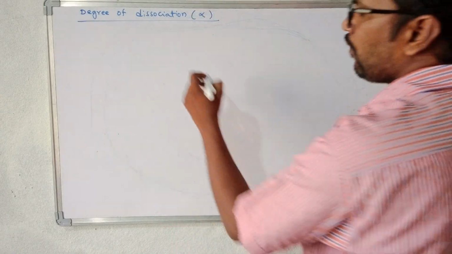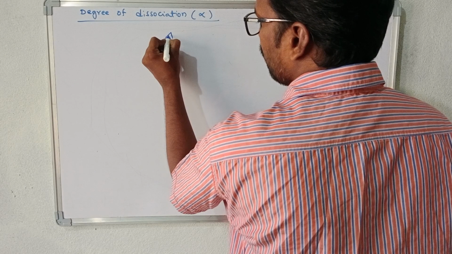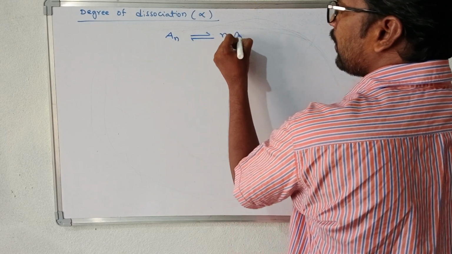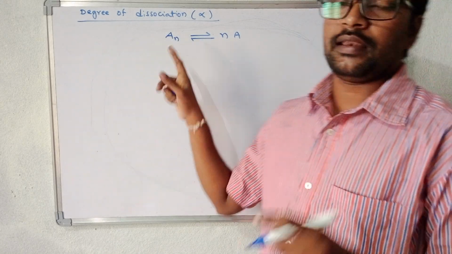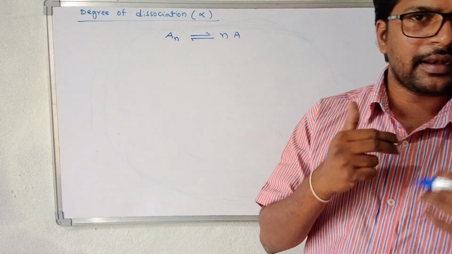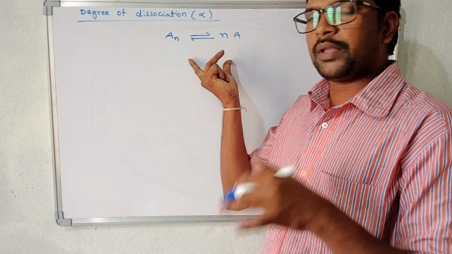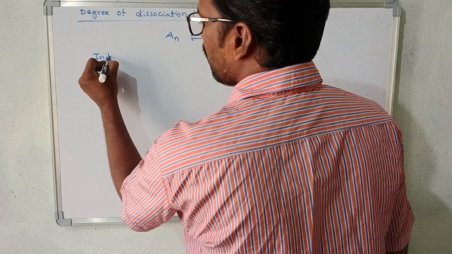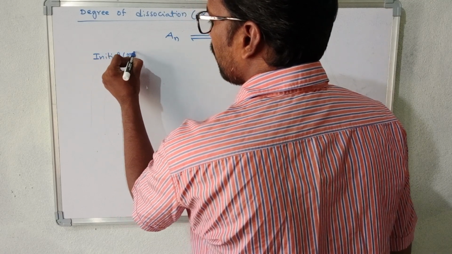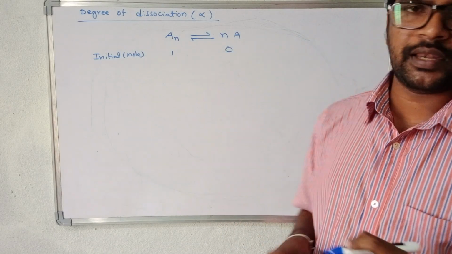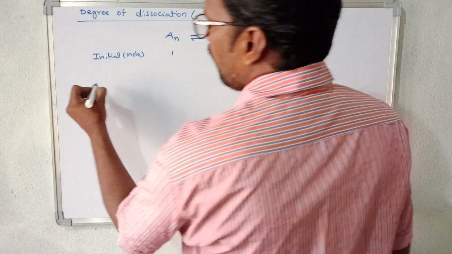If you want to find the degree of dissociation, we take a molecule. Dissociation means dividing. So we take A_n, a molecule, which can be divided into n A, that means A is divided n times and the number of moles increases. In terms of moles, initially the moles of reactant are 1, and for product the initial moles are 0.